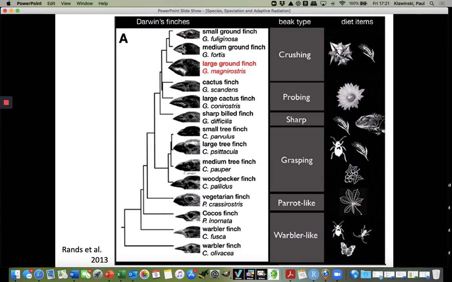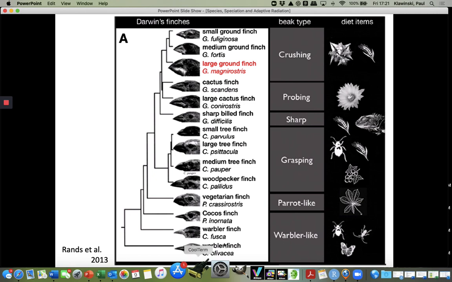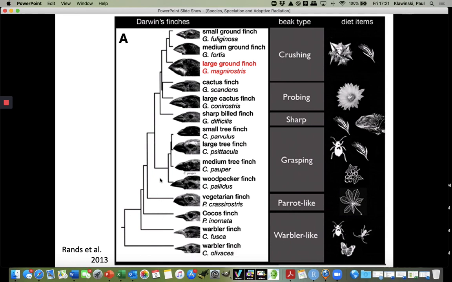But once again, a big way in which these groups can be separated from one another is in bill morphology. And so we have at least 14 species, maybe 17 or more species that have all been divided up, and it shows you the type of beak that they have, and it shows you the type of diet that they have.